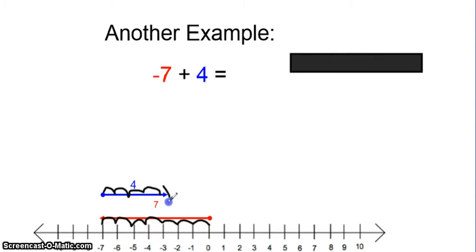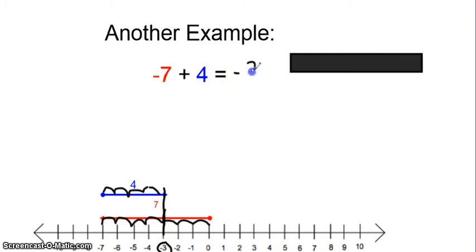Sorry for the crooked line there. If we come back 4, we'll be right here at -3, because we had a -7 and we added 4. So we're going back towards 0 with that. A -3 is our answer.